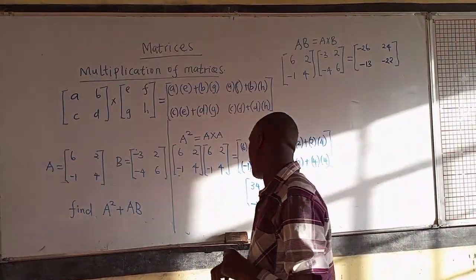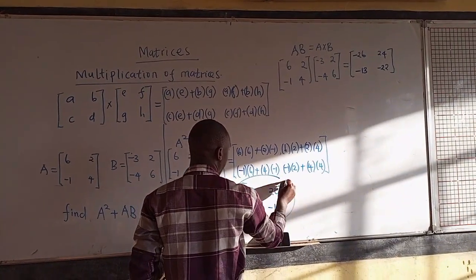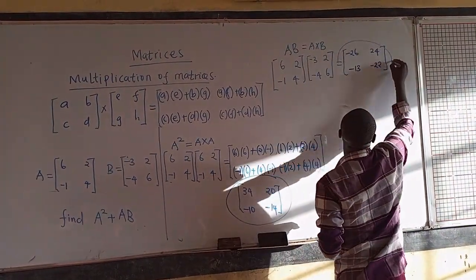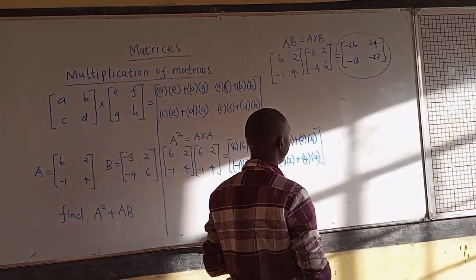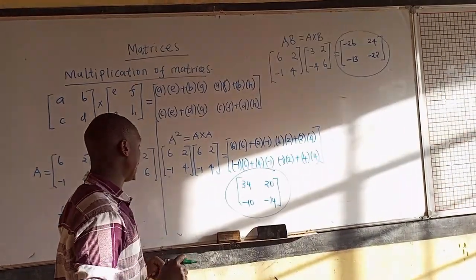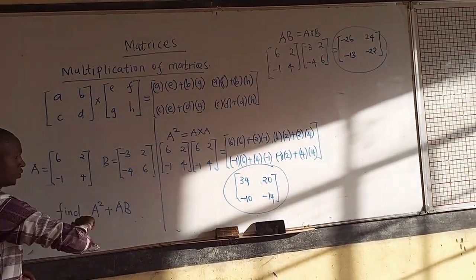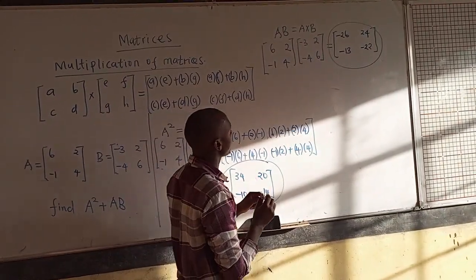And finally, now that we have the two solutions, so this is A squared and this is A multiplied by B, now we can add them together and we will have found the solution for this. So let me add them together.